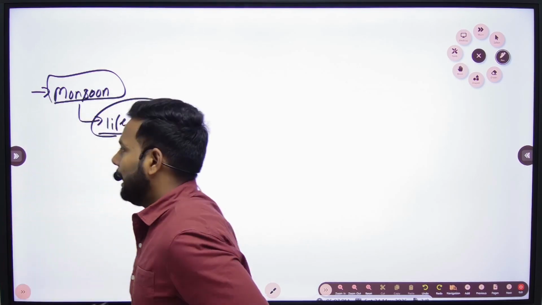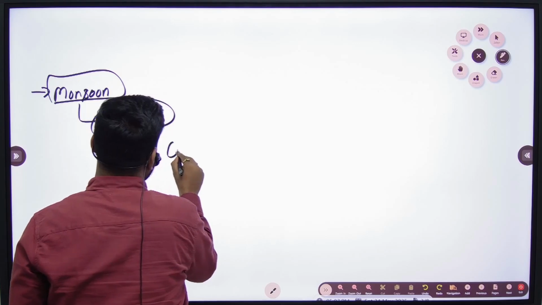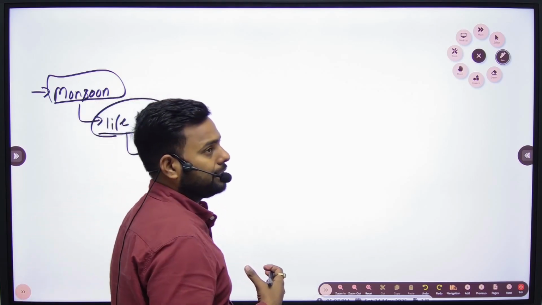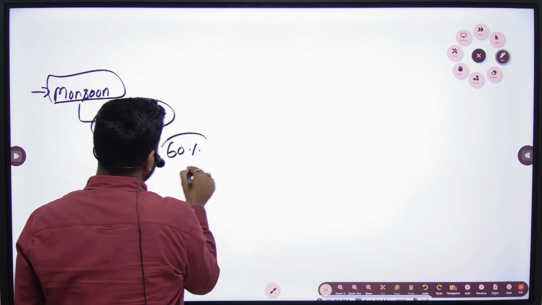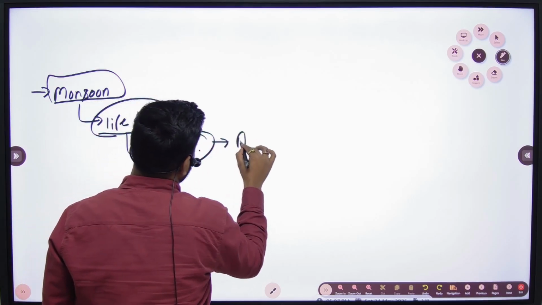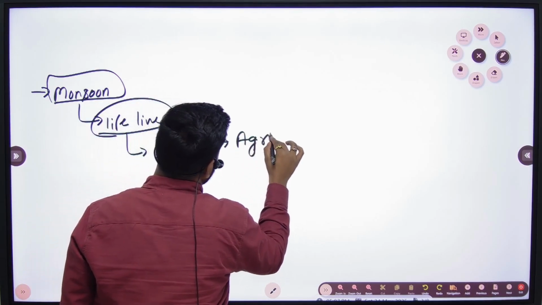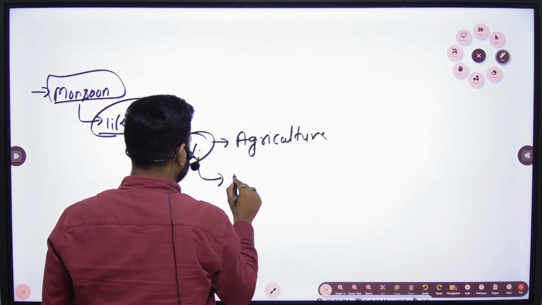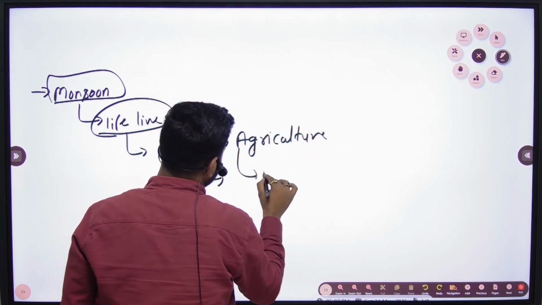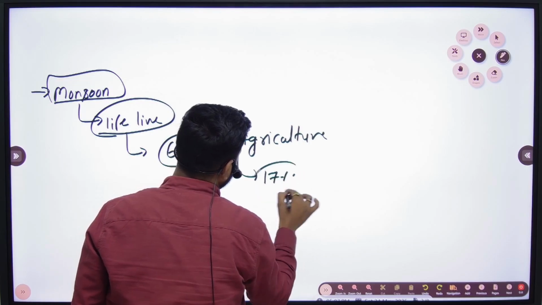Because we have a humongous population, 60% direct and indirect employment generates from agriculture, and we all know that agriculture contributes more than 70% in GDP.